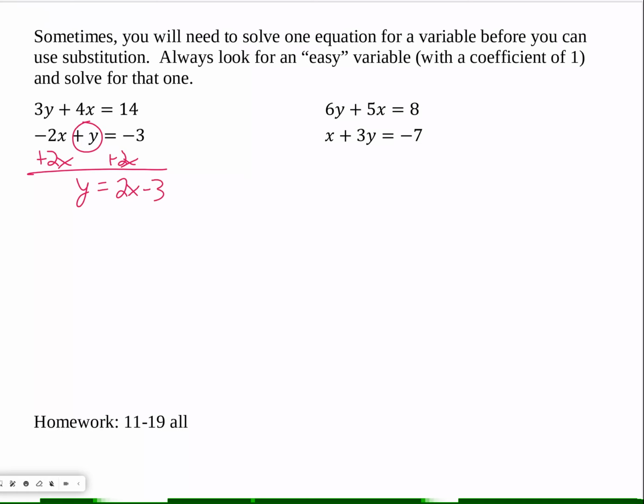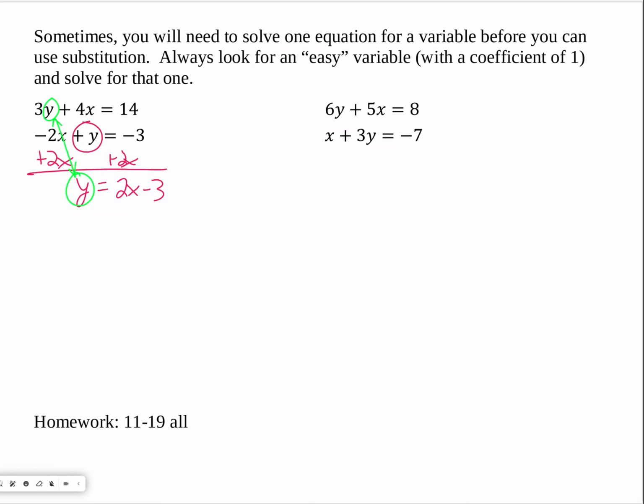Now, this gives me a y that I can plug into the other equation for y, okay? This y and this y are the exact same thing. So that means 2x minus 3 that I just found for my y here in pink is the same as that y up in the first equation.